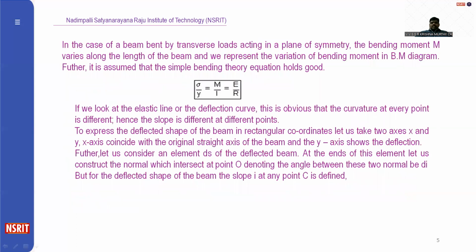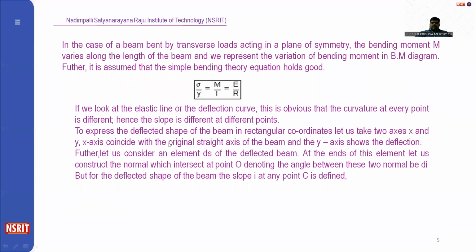In the case of transverse loads on beams, we know the bending equation: sigma by y is equal to M by I equal to E by R. In the elastic line, the deflection curve is obvious at every point, hence the slope will vary from point to point.